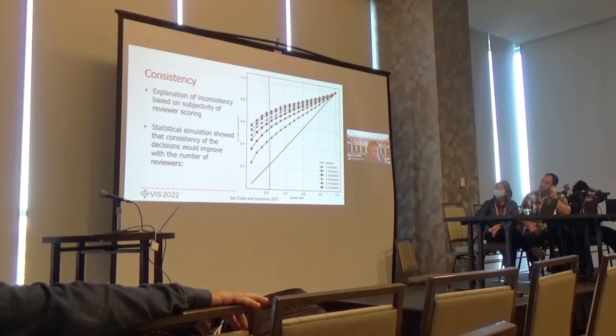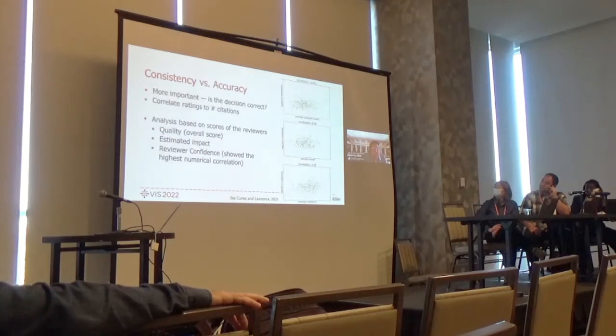And here's a figure. Of course, the drawback is that it taxes the reviewing system as a whole even more. But I think it's an interesting and relevant analysis. But the paper also points out that consistency would actually be nice, but more important is, has the right decision been made? And that's a totally different question to be asked.